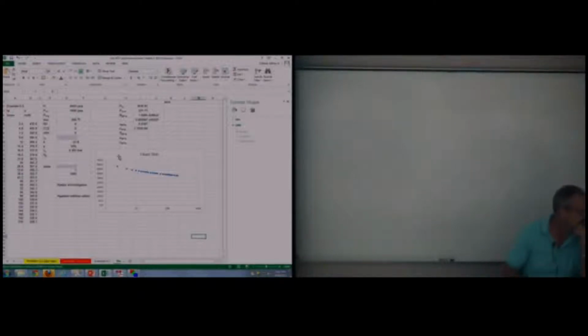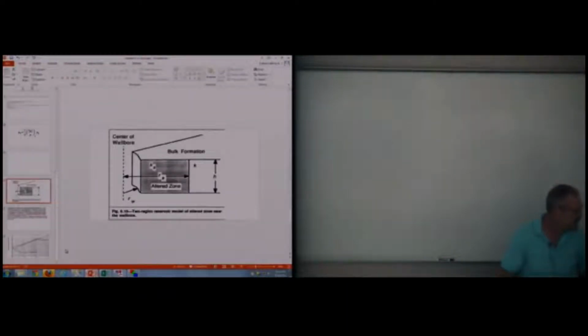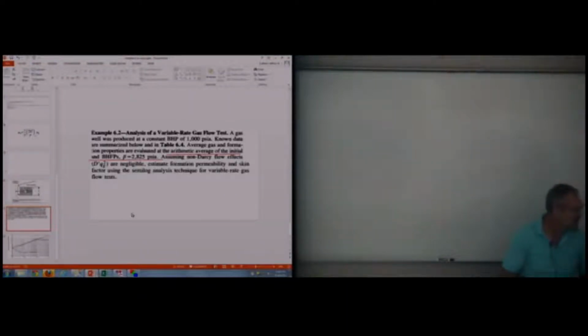So we have production rate at a constant pressure. This is called a constant pressure drawdown. I'm producing the well at constant pressure. Doing this example right here.